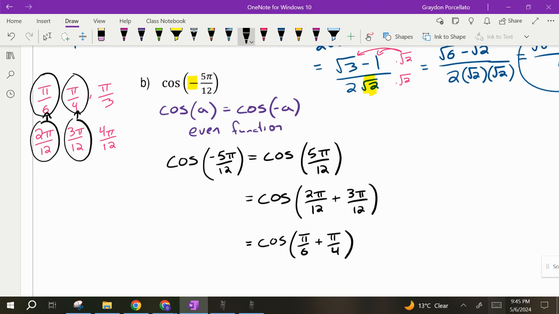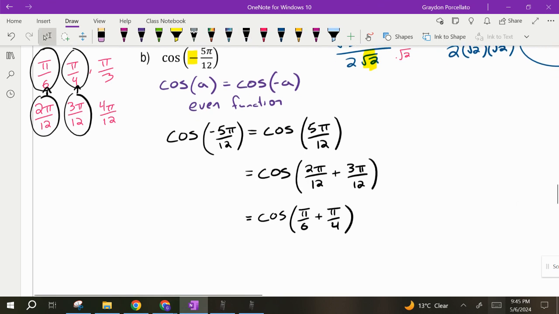So all I've said right now is I've just modified my expression to work and deal with things that I know. And now I have an addition equation or a compound angle formula that involves two angles which deal with the special triangles.